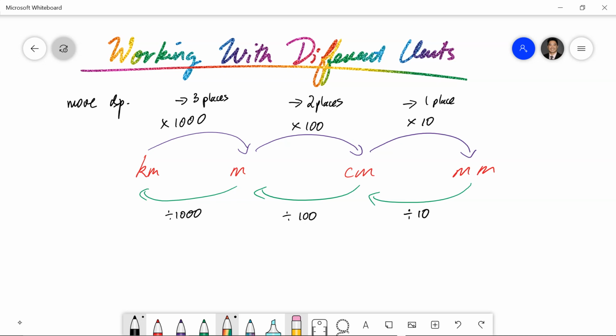When we're dividing, we move the decimal place 1 place to the left, 2 places to the left if we're dividing by 100, and 3 zeros would indicate 3 places to the left. So there are some quick reference points that you should be familiar with for this part of the chapter. If you're not, I would suggest that you revise them.